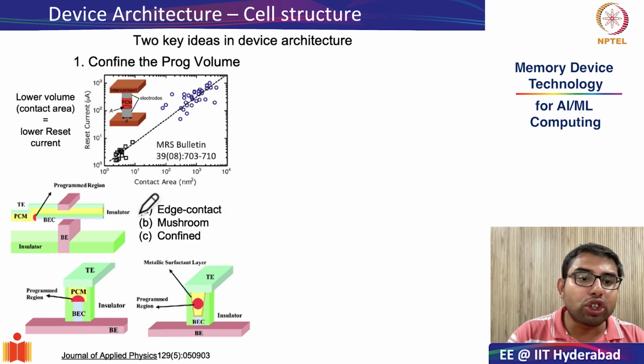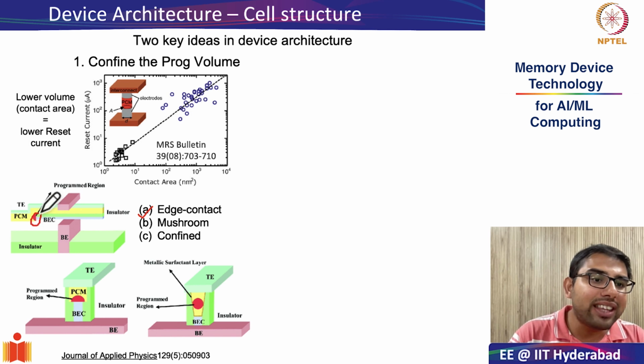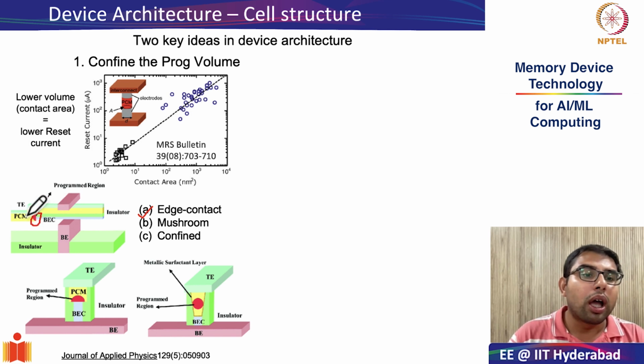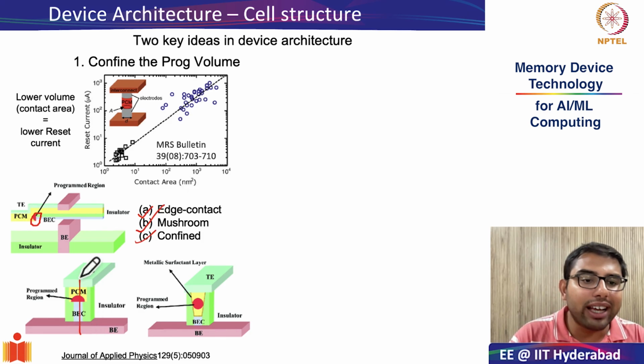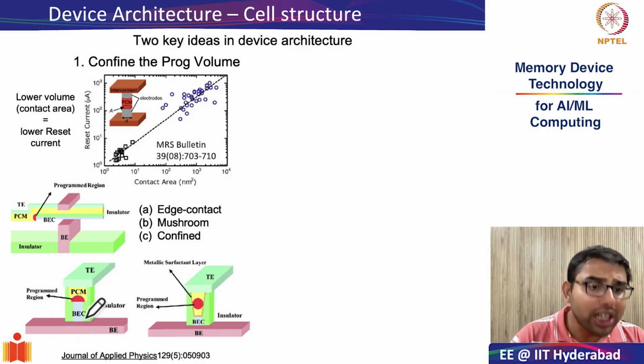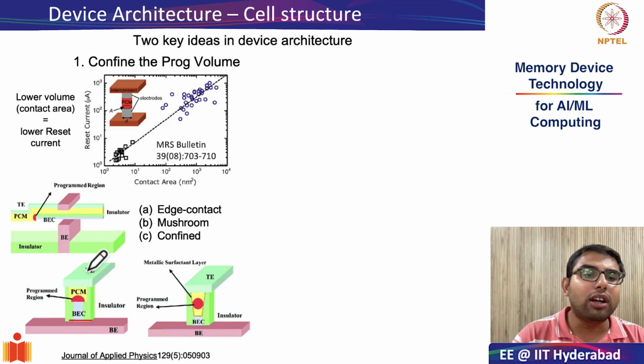The first one is called edge contact, where the PCM material is just at the edge of the bottom electrode contact. This is more lateral. And in the other two architectures, the mushroom and the confined, these are more vertical, where the programmable volume is sandwiched vertically between the bottom electrode and the top electrode.